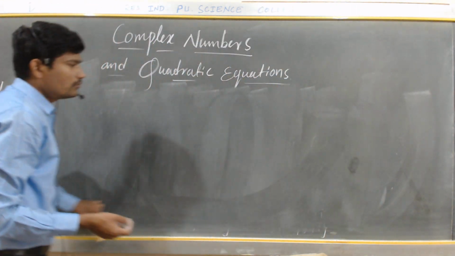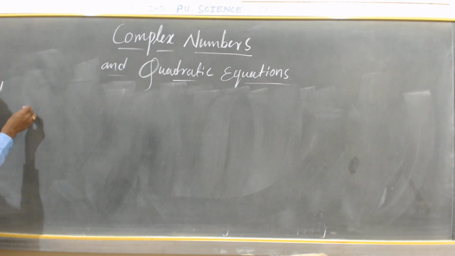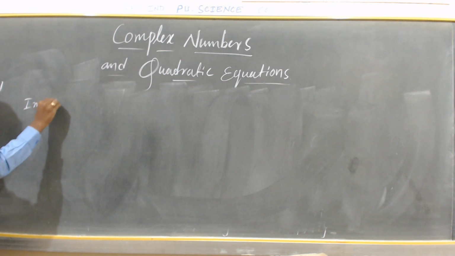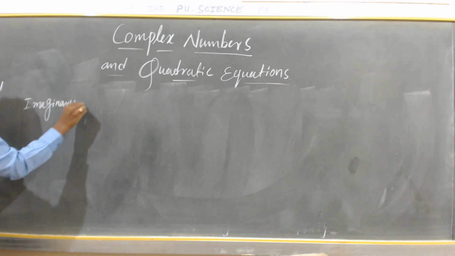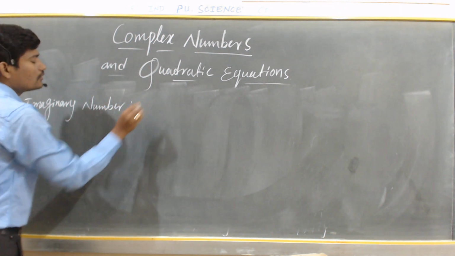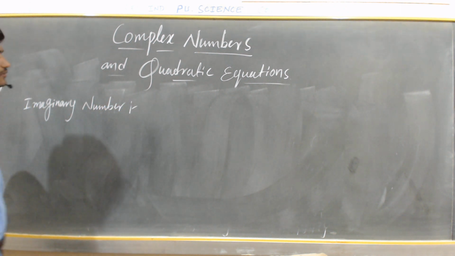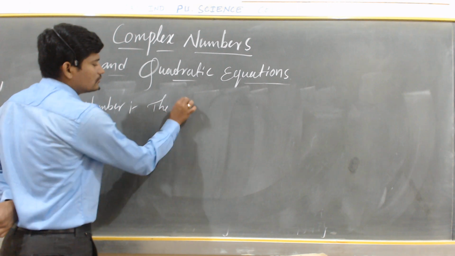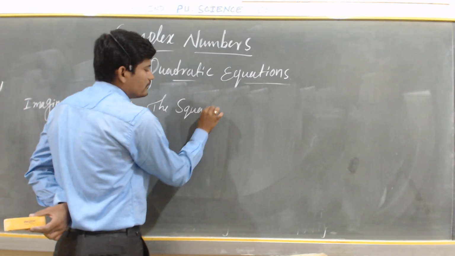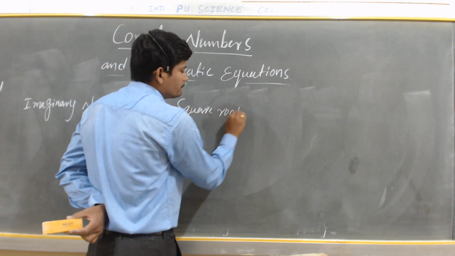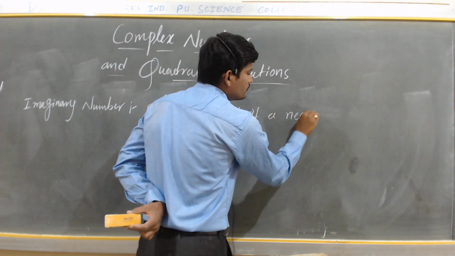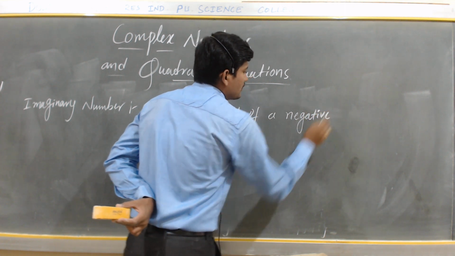How will we find the imaginary number? Okay, I will write here: imaginary number. An imaginary number is nothing but the square root of a negative real number.